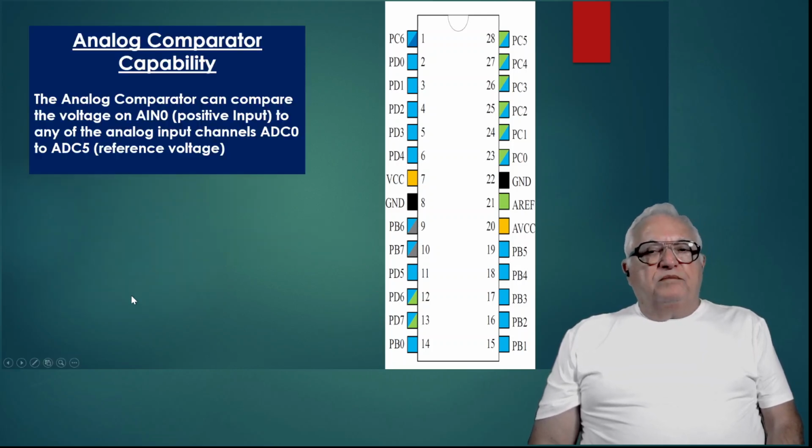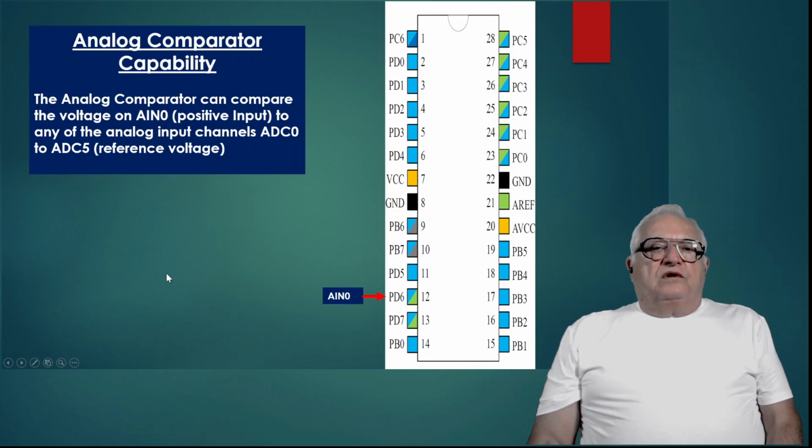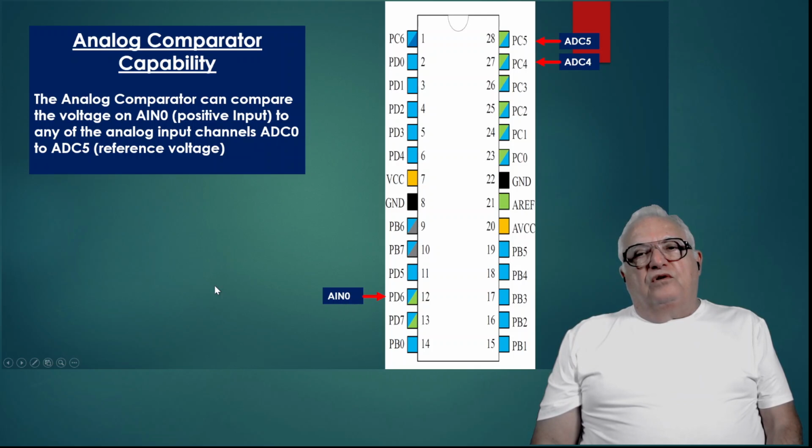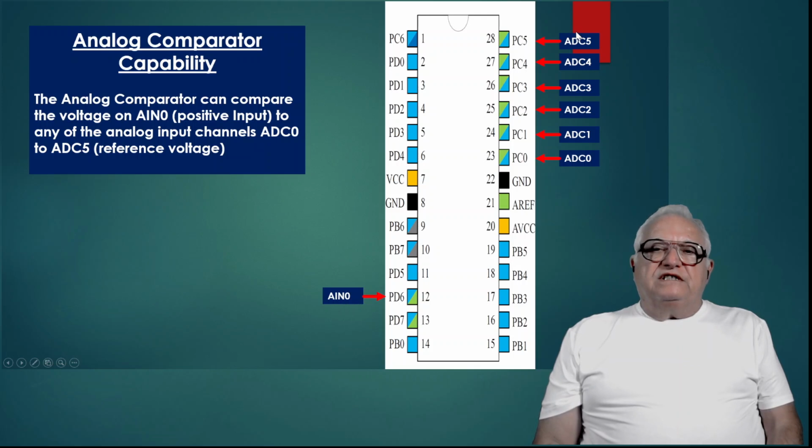Now, another possibility is the analog comparator can compare the voltage on AIN0 to any of the analog input channels from ADC0 to ADC5. So what I mean is the following. You can configure any of these pins to be used as a reference voltage, and you have your variable input here.